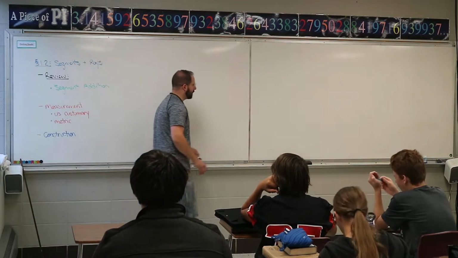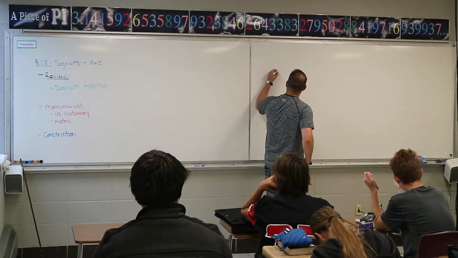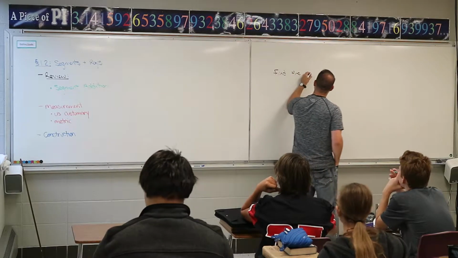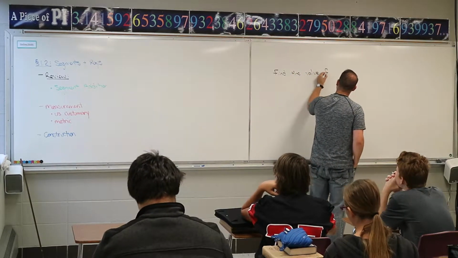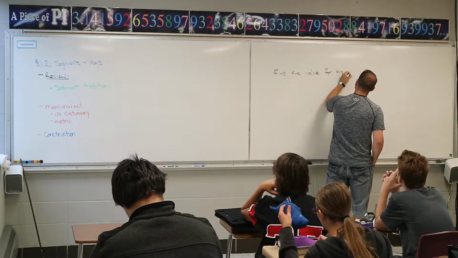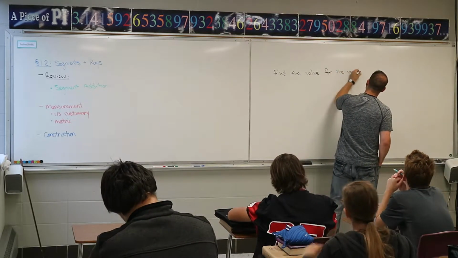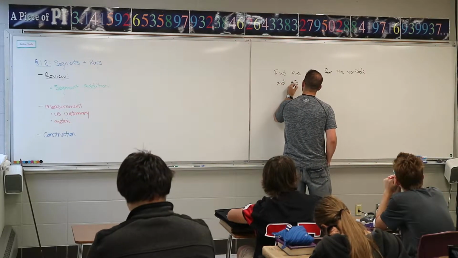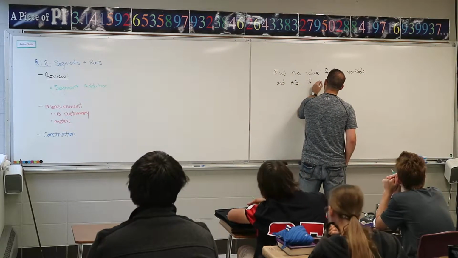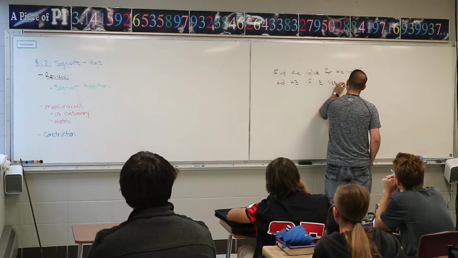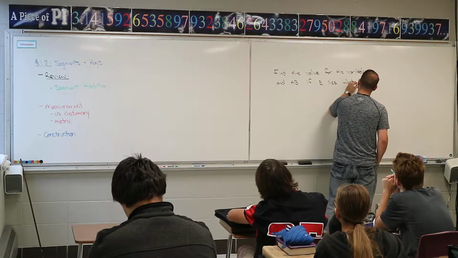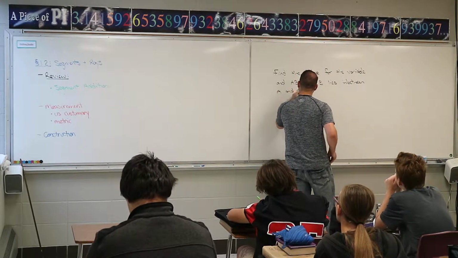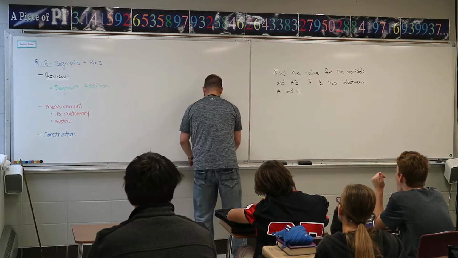Let's jump right in. Hopefully this makes sense to you. We're going to find the value of the variable, if B lies in between A and C. Okay, there's the first part.